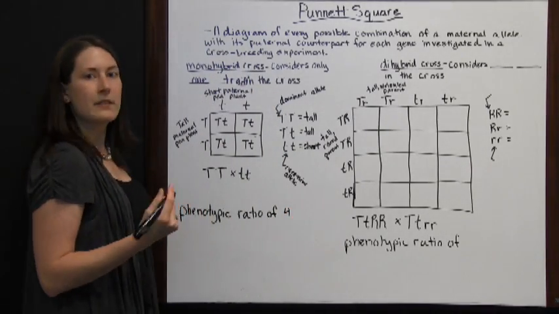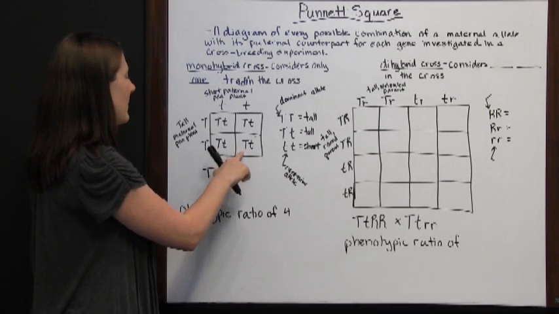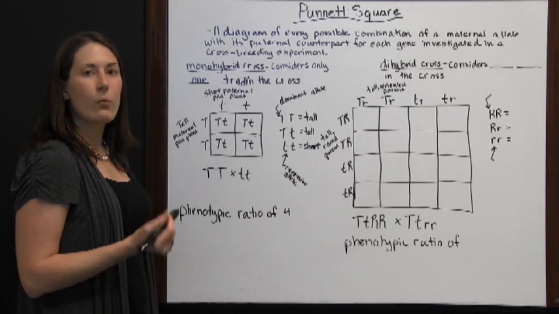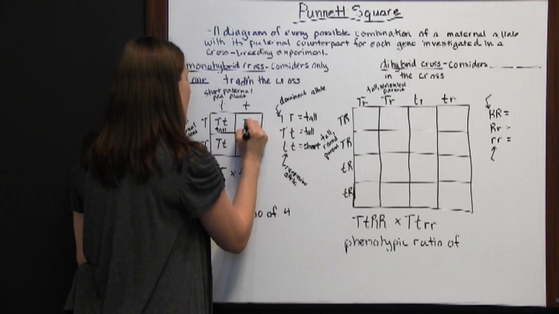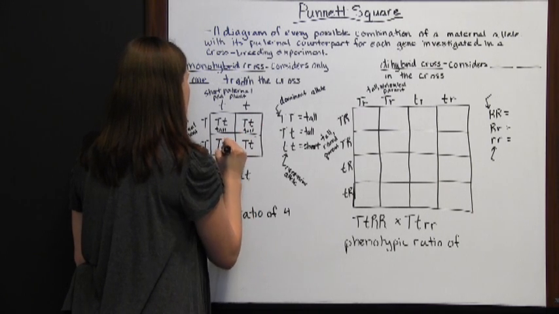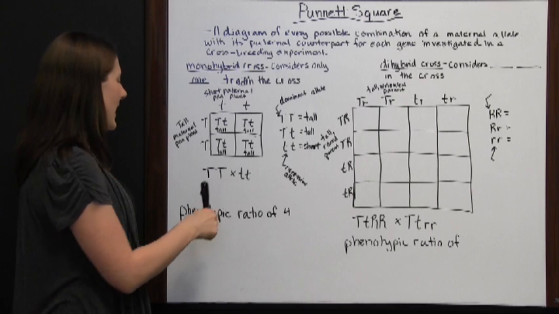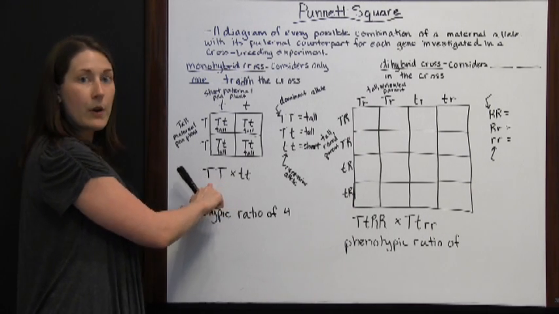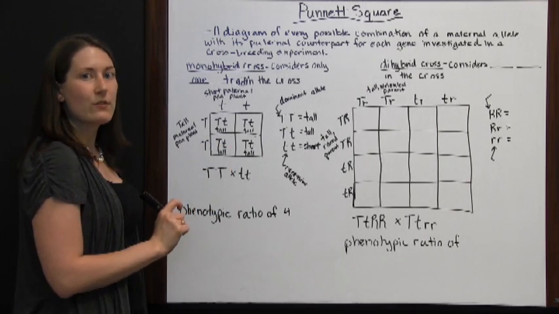We only have tall plants in this combination because every time a dominant allele will be present. The phenotypic ratio means what the plant's going to look like. So this will be tall, tall, tall, tall. It wouldn't matter if we had a pair of alleles that were both dominant, or if we had a pair like this where there's a dominant and a recessive.